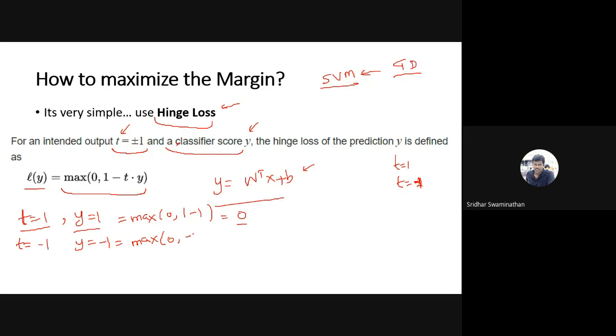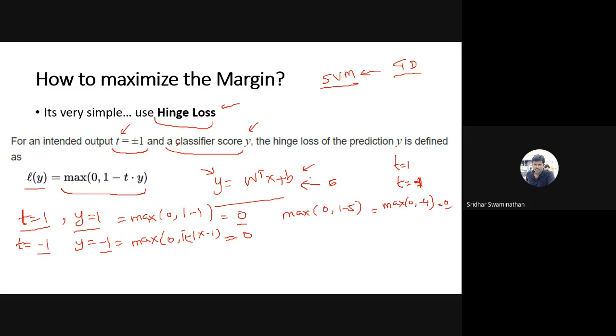Max of 0, 1 minus (-1 multiplied by -1) will become maximum of 0, 0, that is 0. Since we don't have any activation, the model sometimes can give a high number, for example 5. That will be max of 0, 1 minus 5, which is max of 0, -4, and that will become 0.